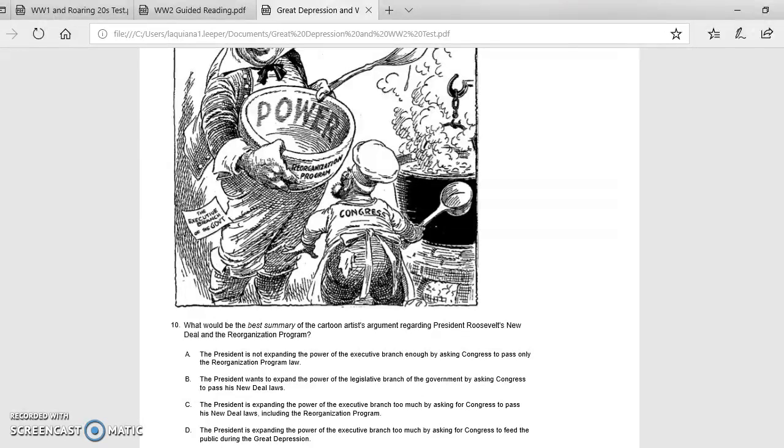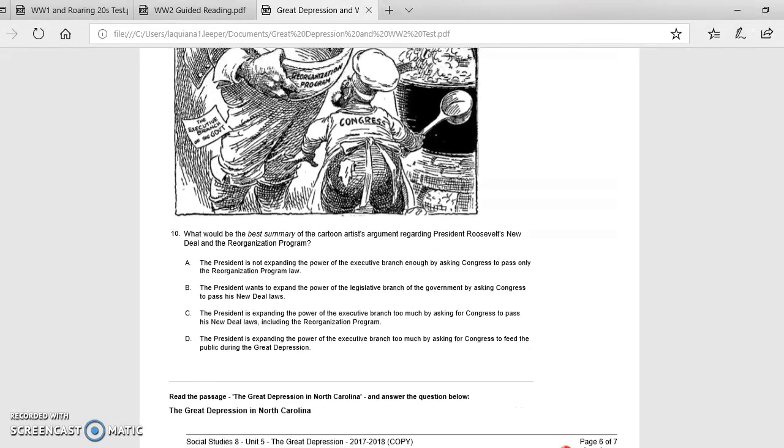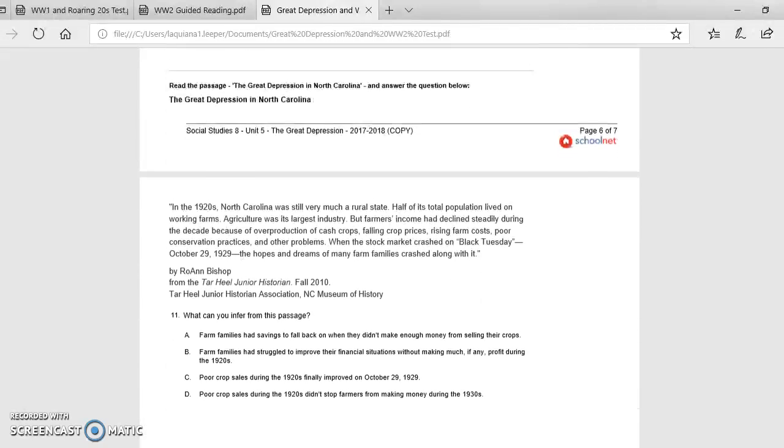Remember to pay attention to the political cartoon and the words as well. And number 11, guys. In the 1920s, North Carolina was still very much a rural state. Half of its total population lived on working farms.